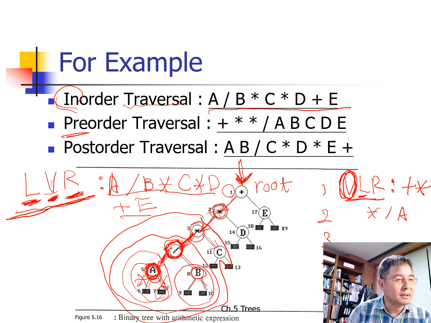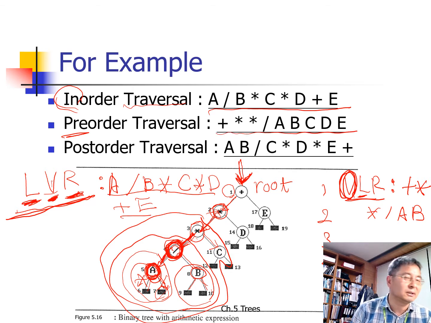From the viewpoint of this node, V and L are finished now. The next one is R, going to B. Yes, B. Okay, in this way, you can complete all of the traversal of the pre-order method.